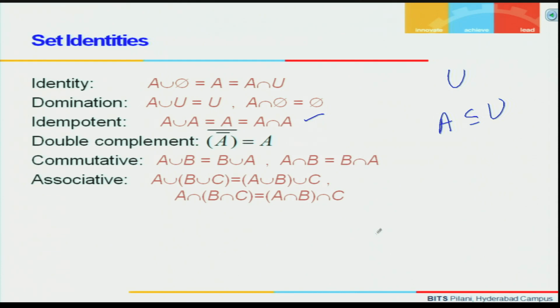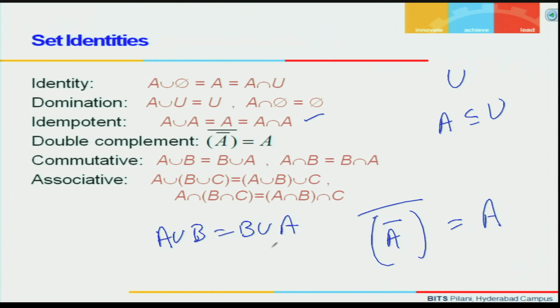Double complement: what is the complement of the complement of A? It will be again A. And union and intersection are commutative. What I mean by commutative is that A union B is the same as B union A, absolutely no difference, they both represent the same set. They are associative as well.